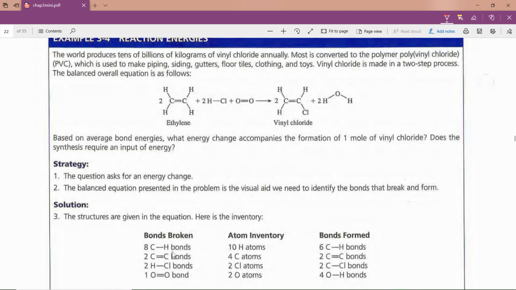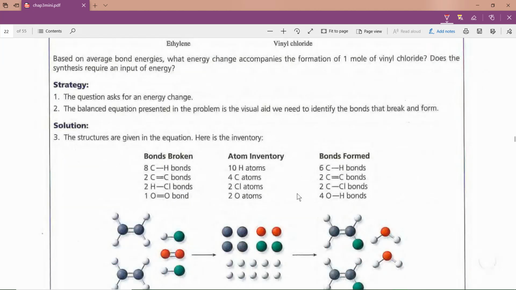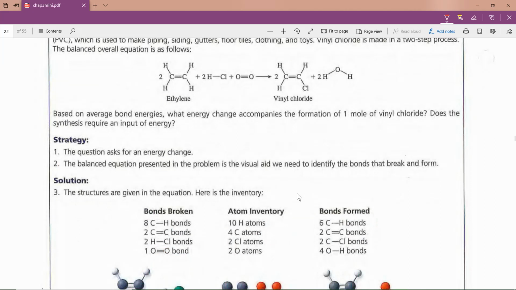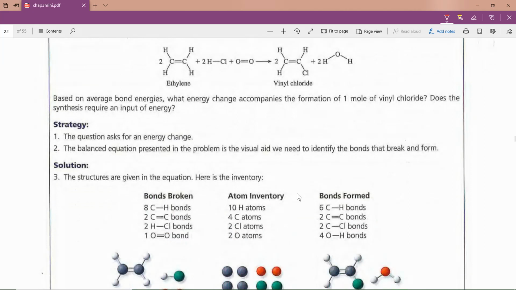Okay, so CH bonds on the left hand side, I got 4, but 2 times 4, so 8 of those. 2 of the CC bonds, 2 of the HCl bonds, 1 of the OO bonds, and I don't really need an atom inventory, do we? Bonds formed, I got 6 carbon hydrogen, 3, 6, yeah, and 2 CCls and 2 C double bond C and 4 OHs.